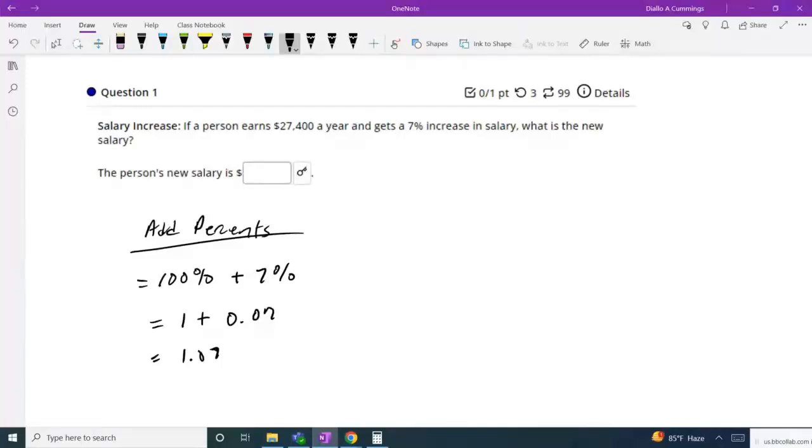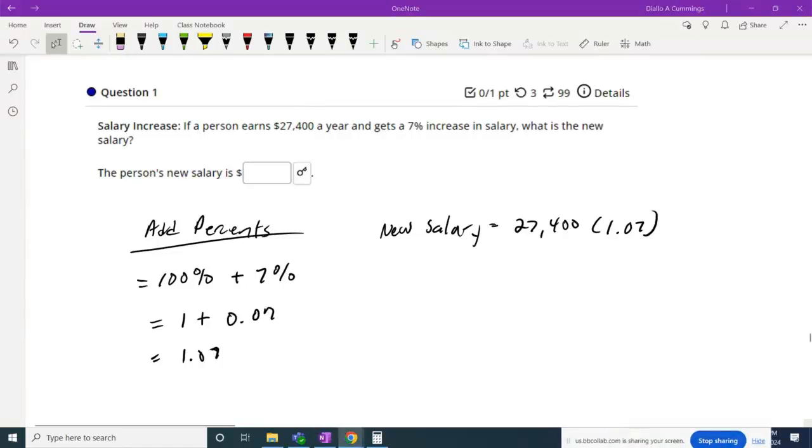So in order to find a person's new salary, I'm simply going to take the 27,400, and I'm going to multiply that by 1.07. All right, so instead of doing 2 steps, I'm going to find a person's new salary in 1 step.